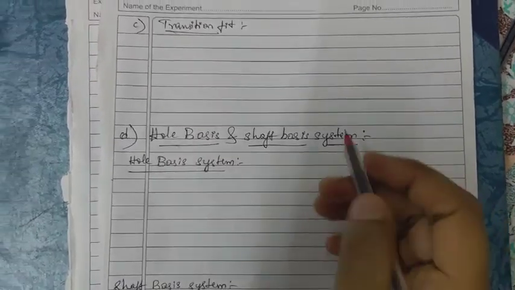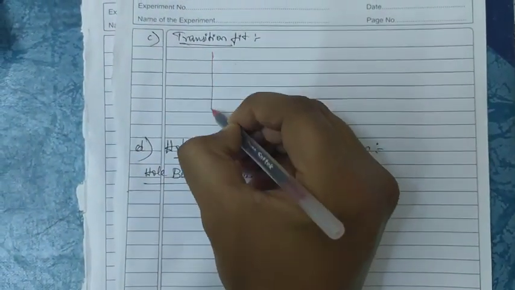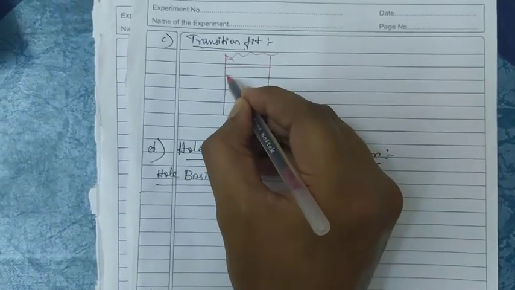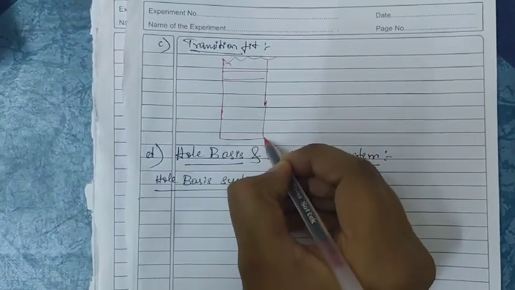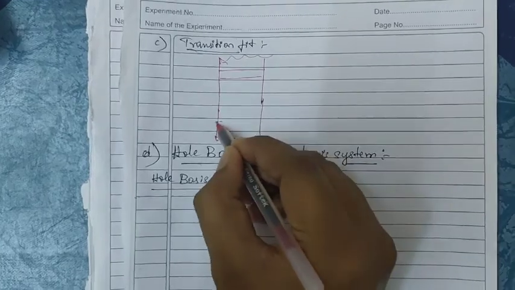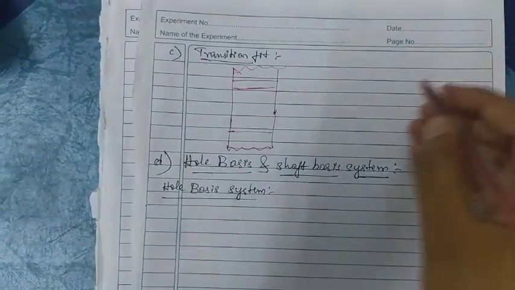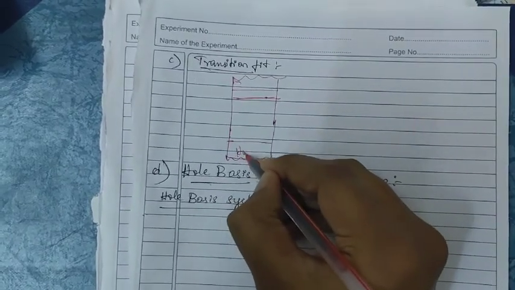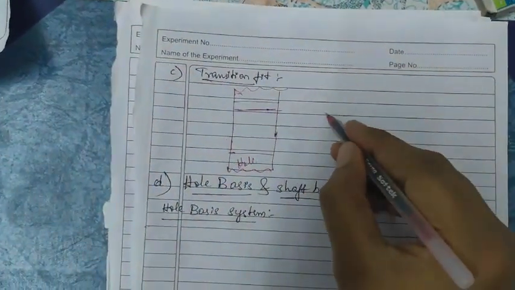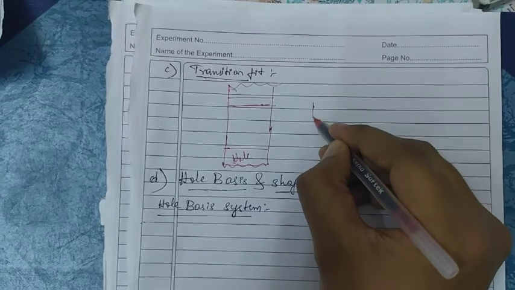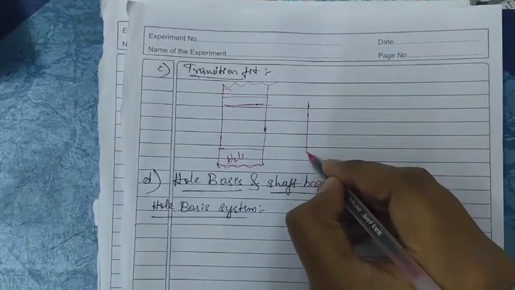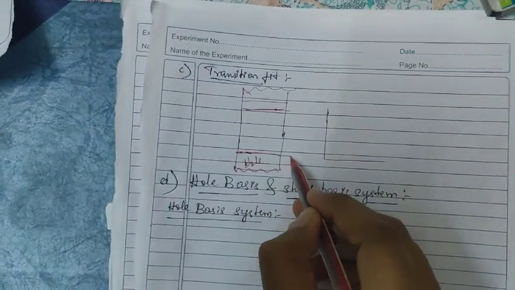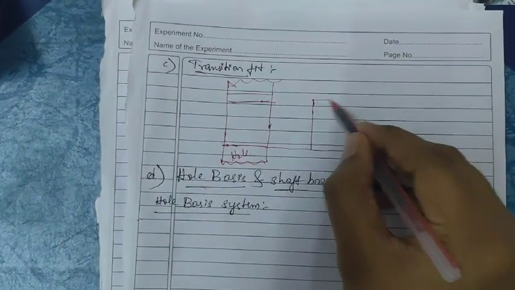In this type, I will draw one more figure. This is the hole and this is the shaft. While drawing, both center lines should be in the same line.